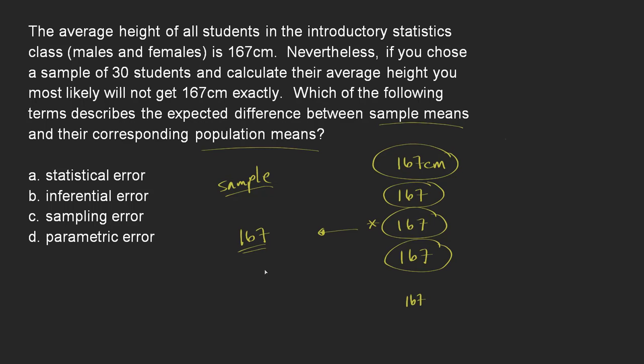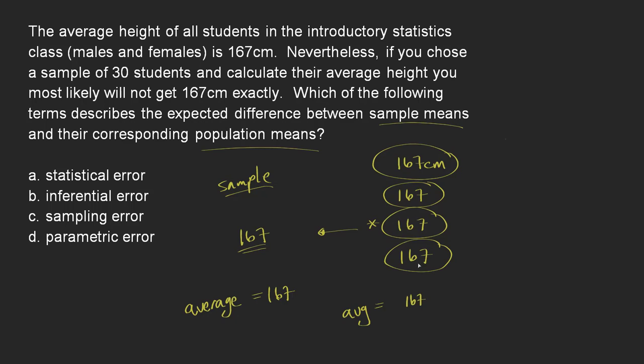One person who is 167 centimeters. Well, the average in my sample is equal to 167 centimeters, just like in my population, the average is also 167 centimeters. That happens here very easily because every member of the population has the exact same height.